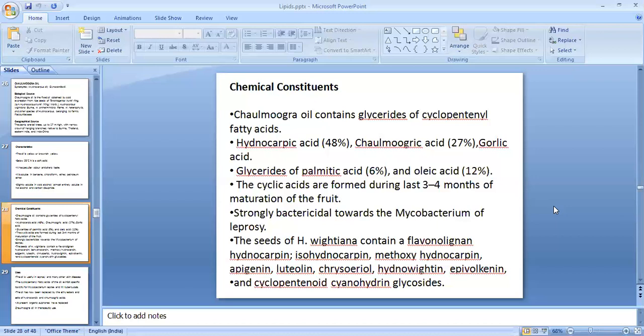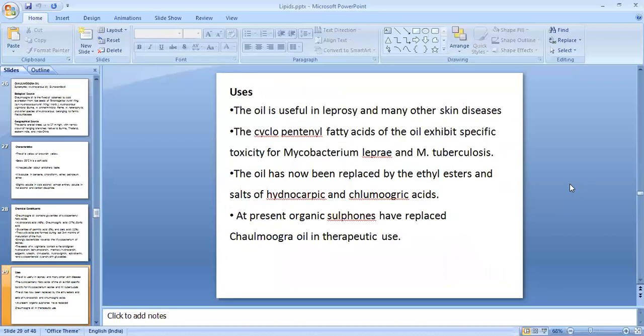These are the flavonoidal glycosides present in Hydnocarpus wightiana, apart from the above mentioned glycerides of fatty acids. So that is about the chemical constituents of Chaulmoogra oil.